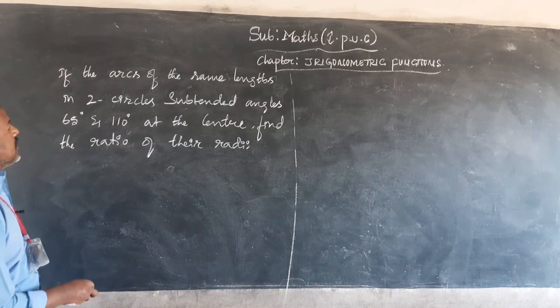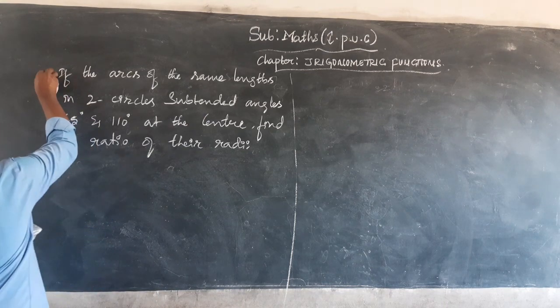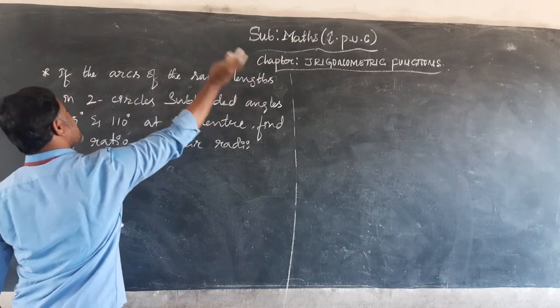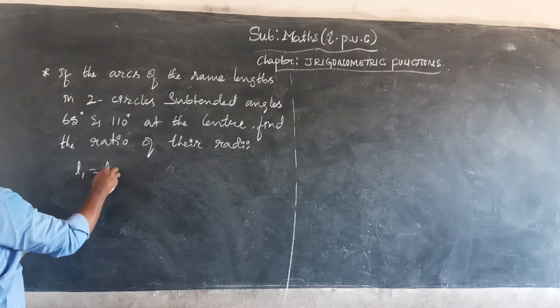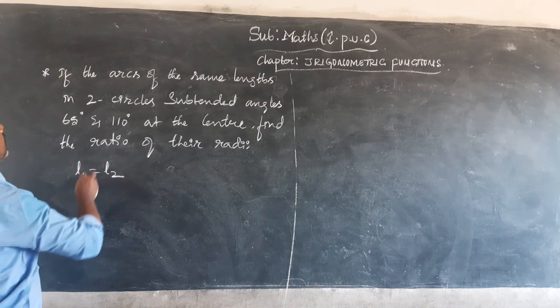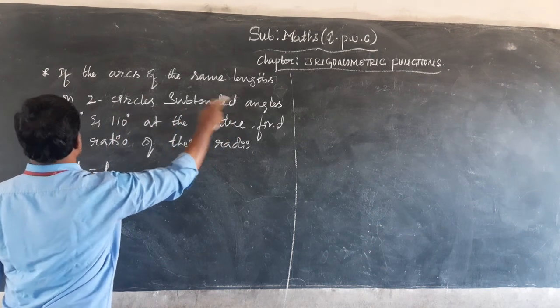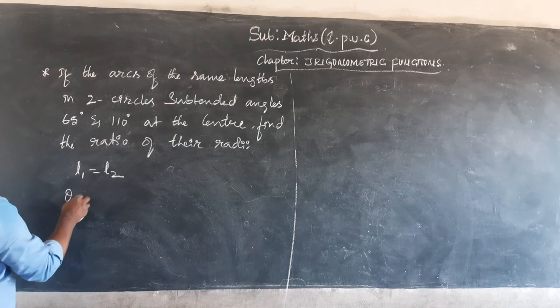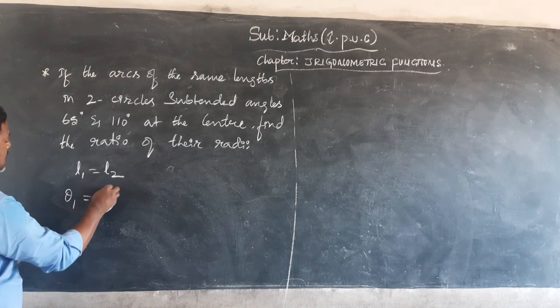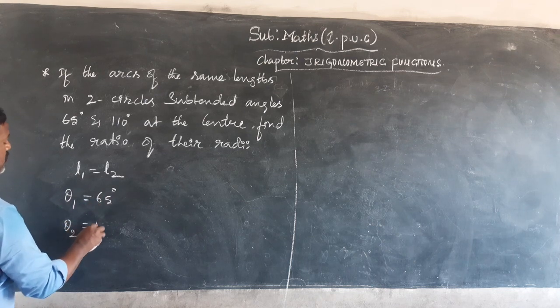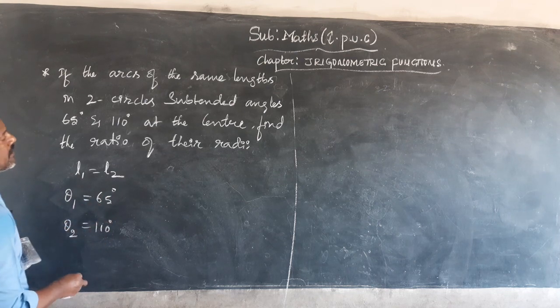So here they have given us arcs of the same length, meaning L1 equals L2, in two circles subtending an angle theta 1 equals 65 degree and theta 2 equals 110 degree at the center.